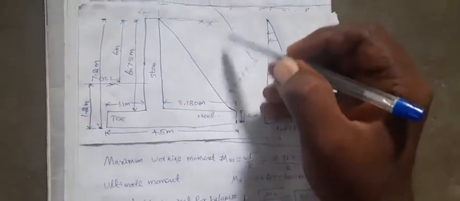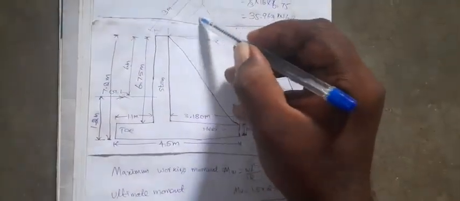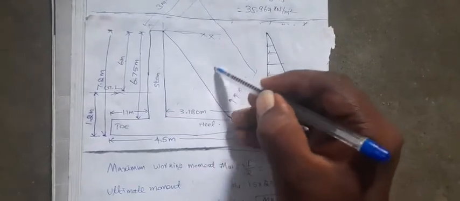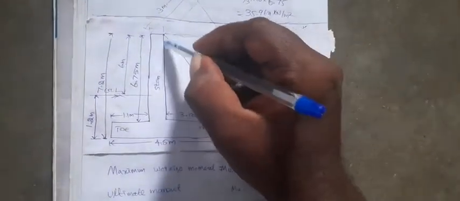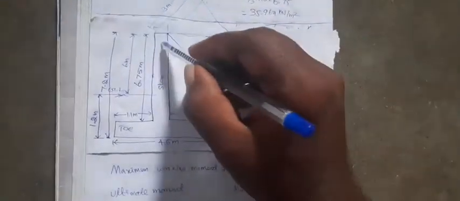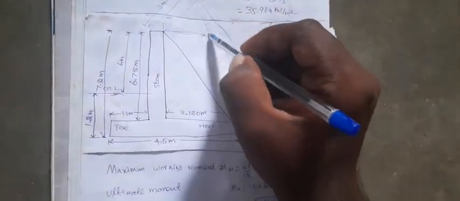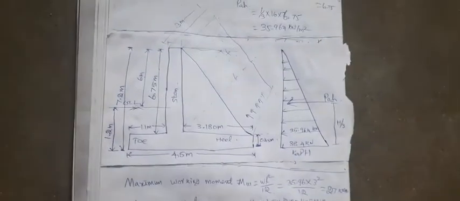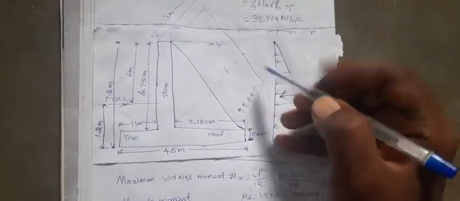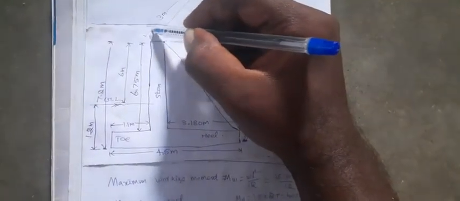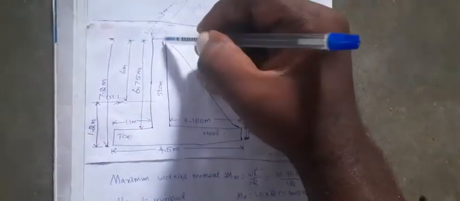So between these points this wall is acting like a slab, and these two counterforts act like a beam. So we designed for a total load like this. So its bending action happens in this direction.